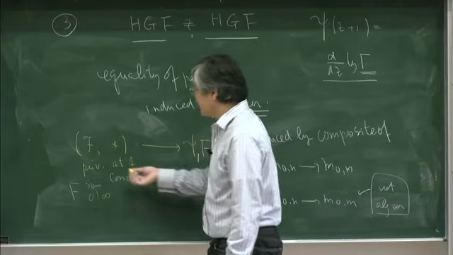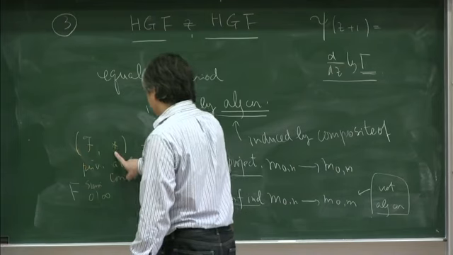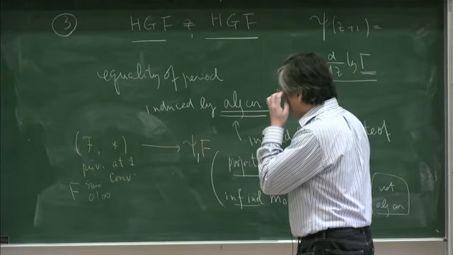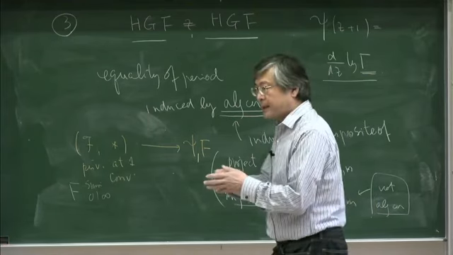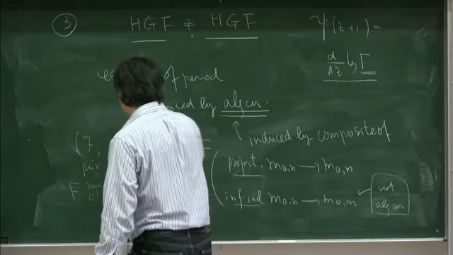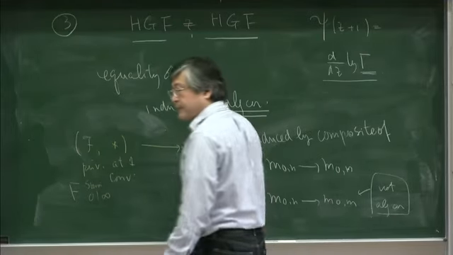Then this actually becomes a fiber functor preserving this convolution because of this Fourier transform formula. So convolution corresponds to tensor product in this fiber functor.